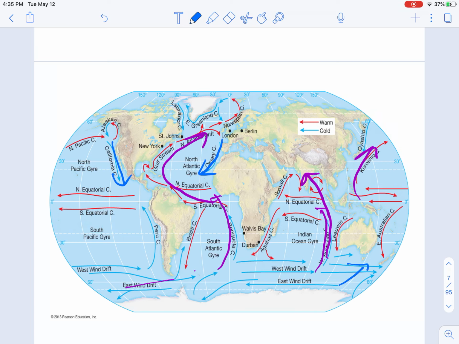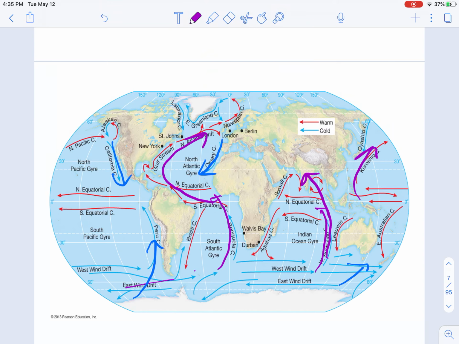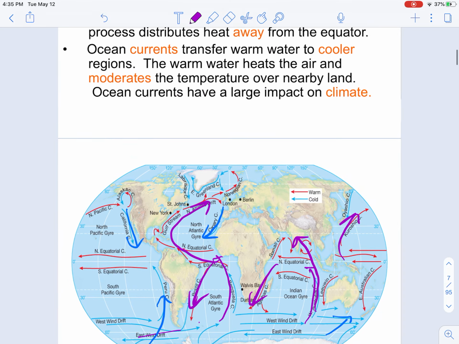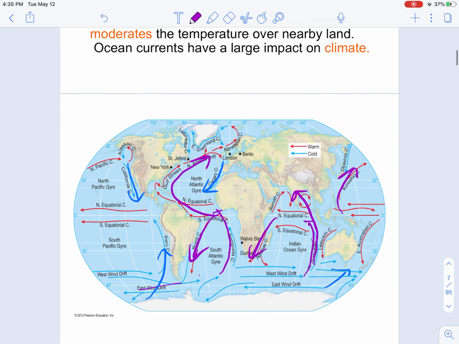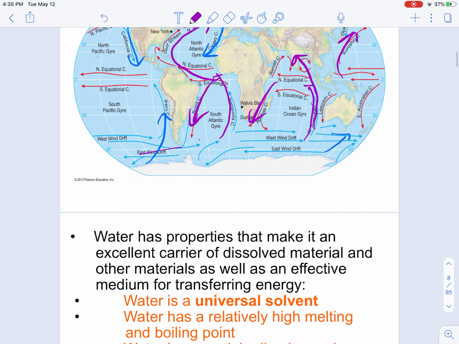So we've got the cold coming up from the Arctic, but from the equator, we have that, go back to purple, that warm water that is going up and down from the equator, and the cold that's coming from Arctic and Antarctic. But that flow continues to move water around the globe and moderates it, so it's always mixing.